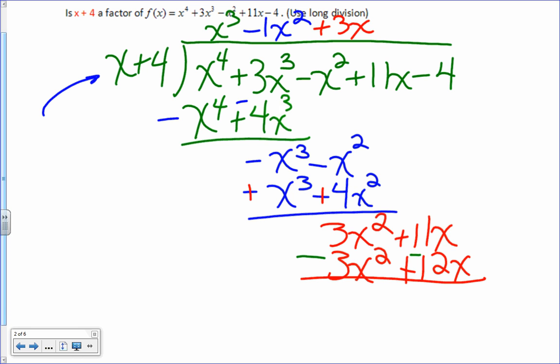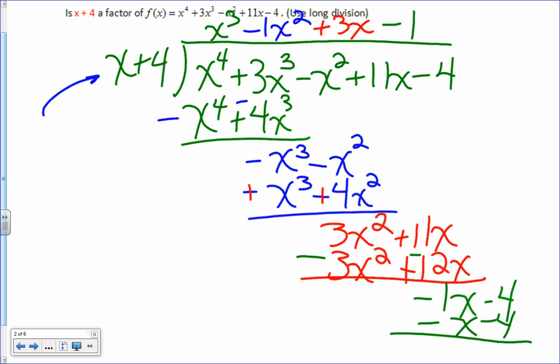Change your signs, and that's negative 1x. Bring down the negative 4. Negative 1x divided by x is, this is looking pretty good, negative 1. Negative 1 times x is negative x. Negative 1 times 4 is negative 4.